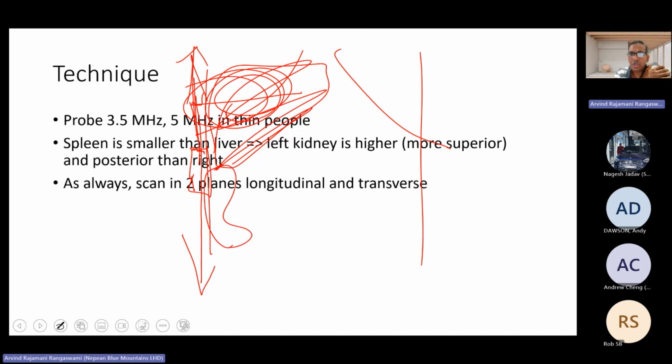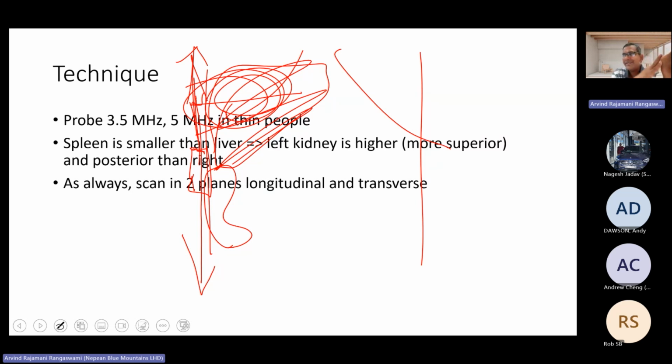Okay, if you are not able to, you might not be in the correct antero-posterior plane. I don't know whether you can visualize that. You might either be too anterior or too posterior, and all you have to do is fan the probe anterior to posterior when you're losing the liver as you're sliding inferiorly and you lose the liver on the screen.